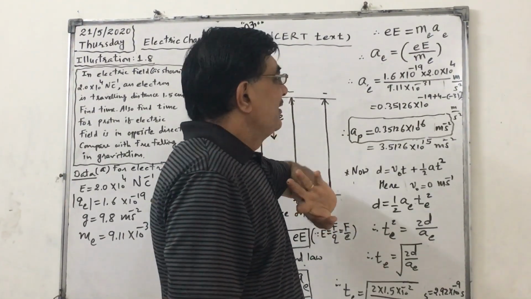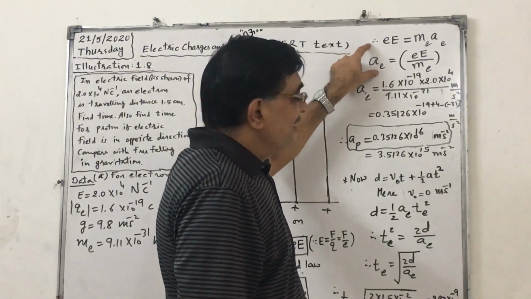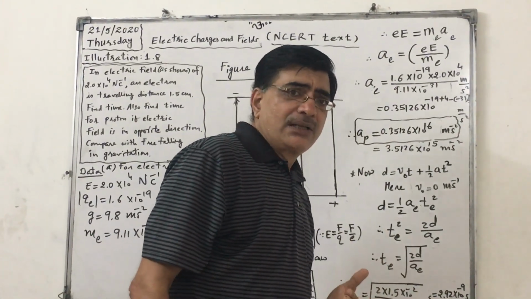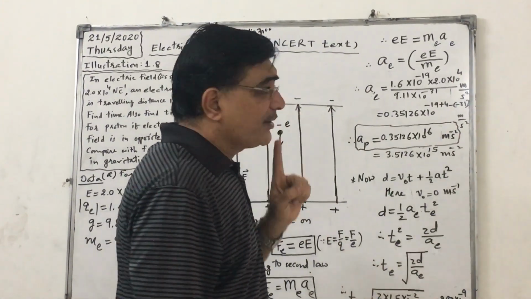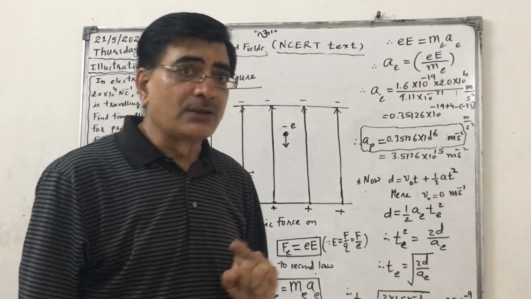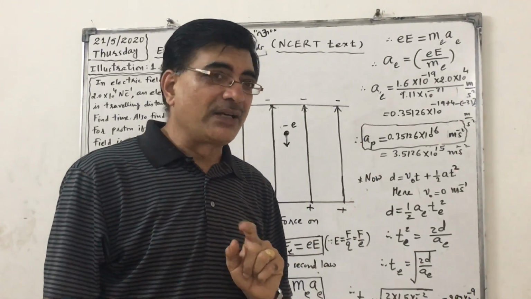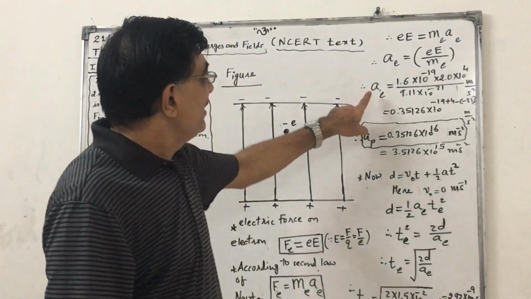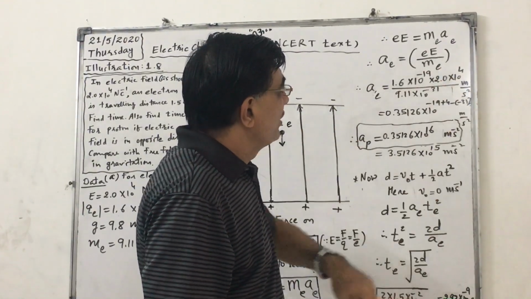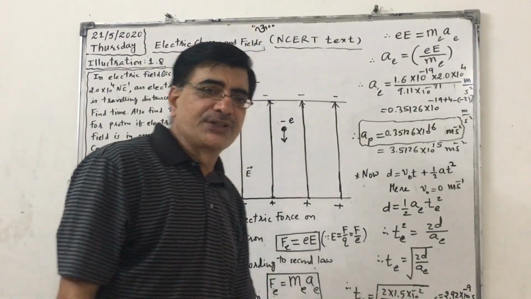In our textbook, they have not calculated a_e. In place of that, they have directly placed this value here. We can put it, but if we calculate the acceleration of electron, it will help us in the conclusion, because we have to compare it with gravitation. So let us find a_e. That is 1.6 into 10 raised to minus 19 into 2.0 into 10 raised to 4 divided by 9.11 into 10 raised to minus 31.